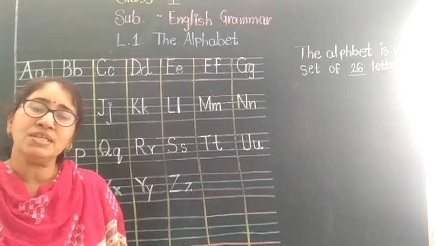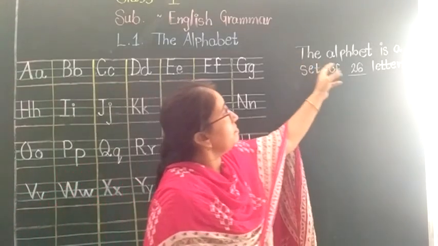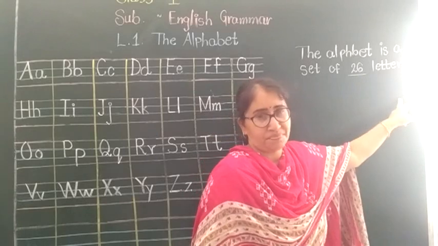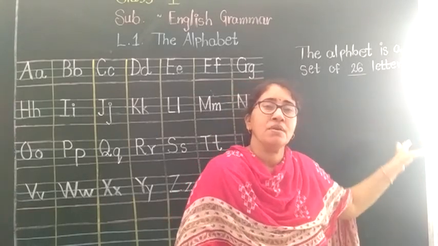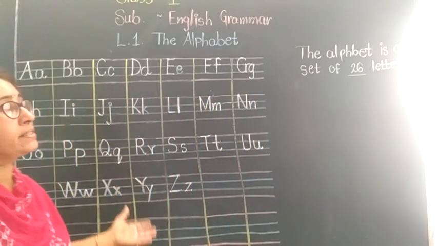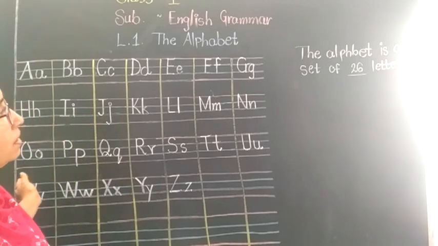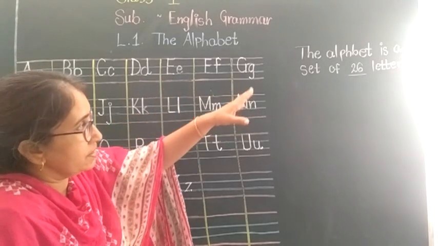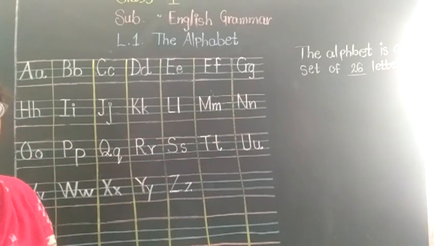What do you mean by alphabet, children? The alphabet is a set of 26 letters. How many letters are there in the alphabet? 26. Which are those? All these, A to Z. With these 26 letters, that set of alphabet is there, and we can't say the alphabets.